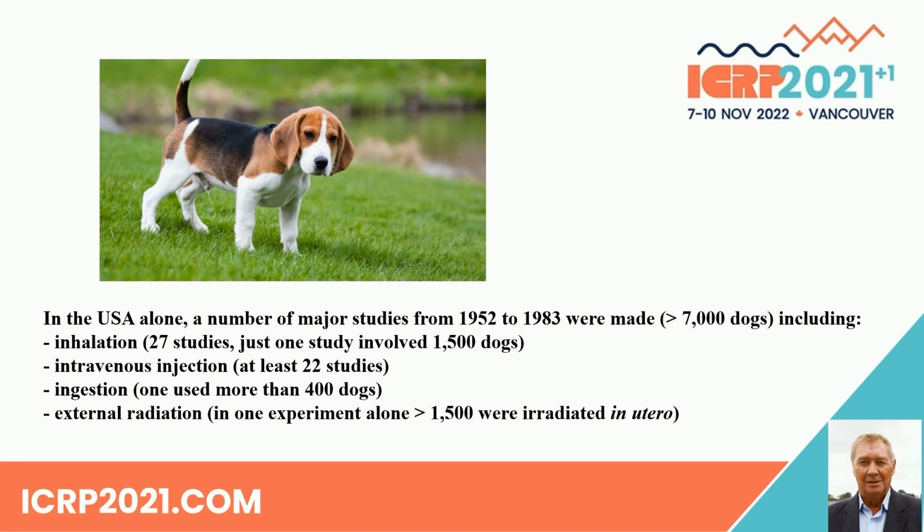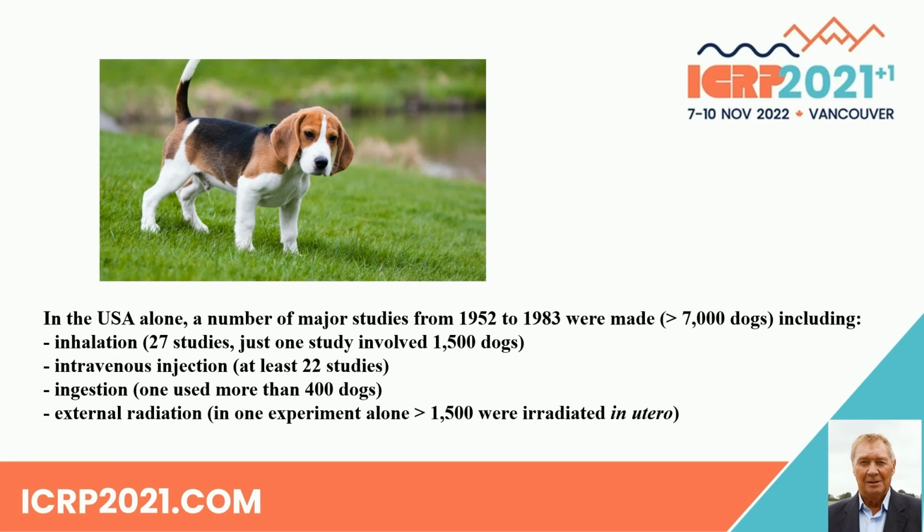Literally thousands of dogs, primarily beagles, have been sacrificed to obtain data on radiation effects for the benefit of the protection of humans. From 1952 to 1983, at least 7,000 beagles were used in just 6 laboratories in the USA alone. Dogs were irradiated by intravenous injection, inhalation, ingestion, external irradiation, implants, and so on.